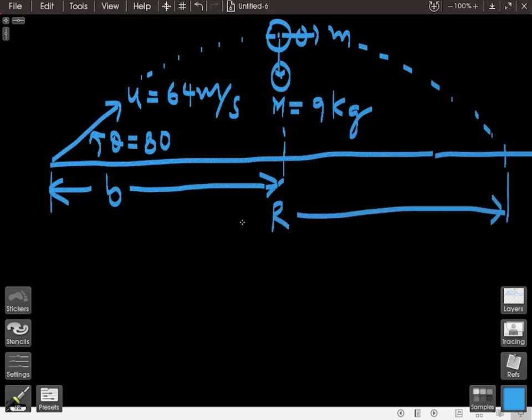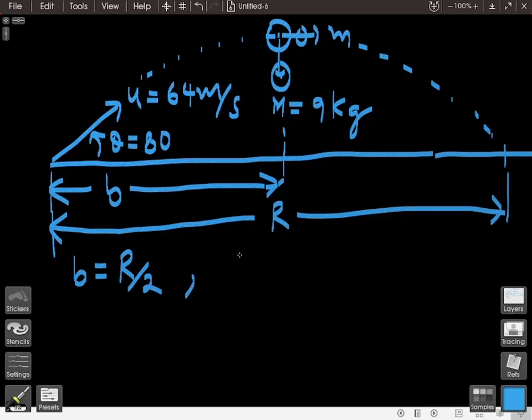Okay, so we can find it via two different ways. First, we can say the location of the 9 kg mass will be B from the origin and is equal to half of the range, or we can calculate the time to reach the maximum point and then calculate B. So let's do the other approach.